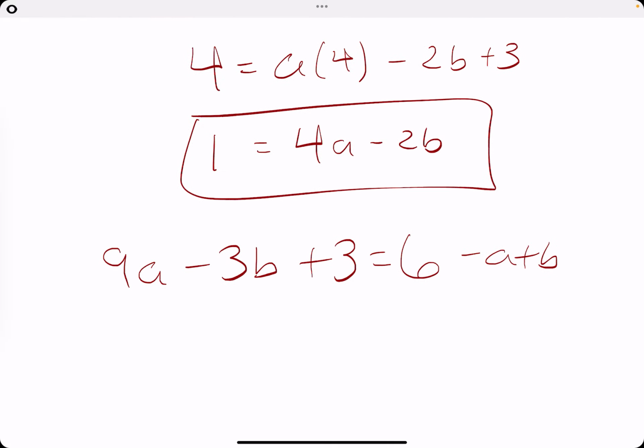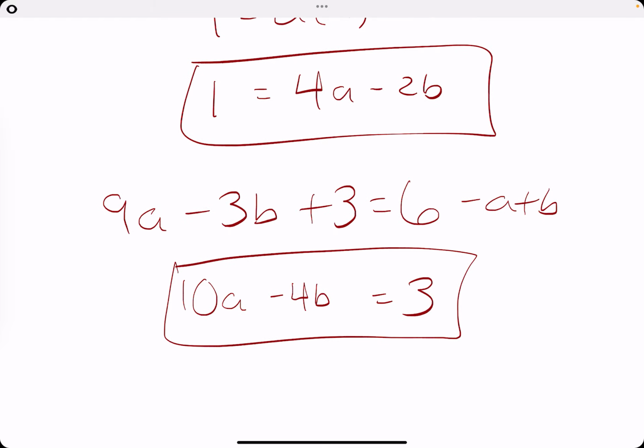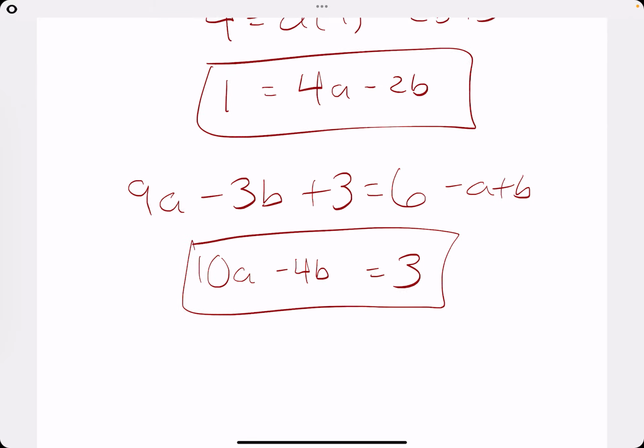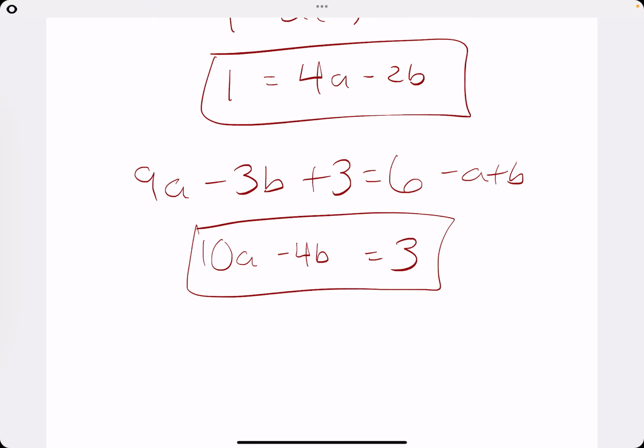So once again, we have an equation relating a and b. Let's simplify it a little bit. We will add a over, so we'll have 10a, and then subtract b, so minus 4b, all equals 3. So we have 2 equations relating a and b, and now we want to use those to solve for a and b.